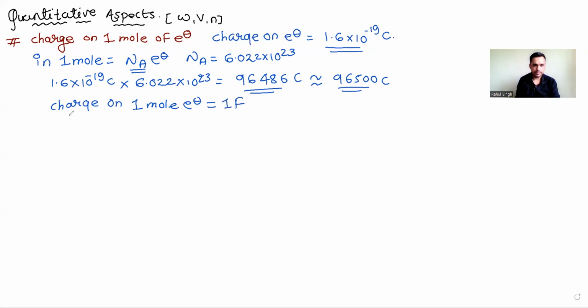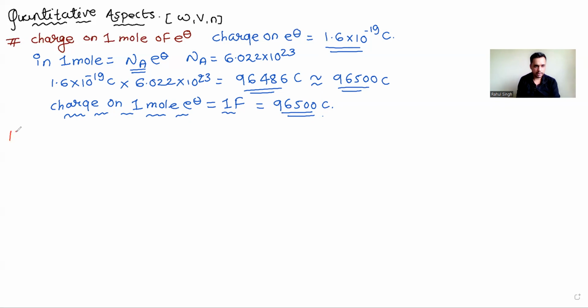The charge on 1 mole of electron is referred to as 1 Faraday, and the value of 1 Faraday is equal to 96500 coulombs. With reference to this value, it will be easier to find the answers.